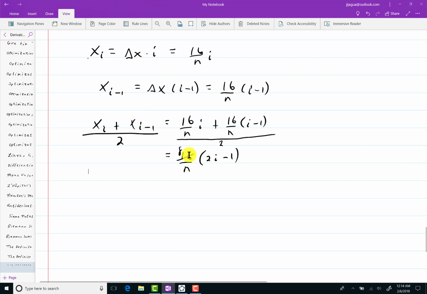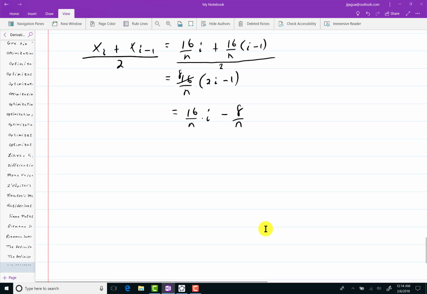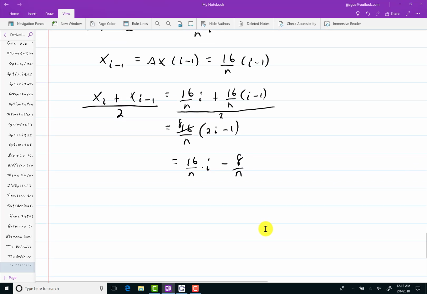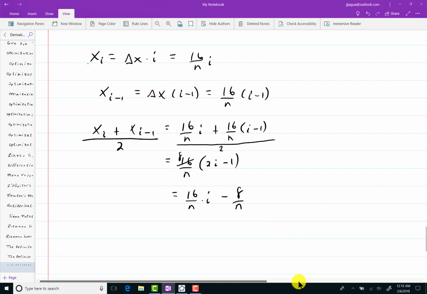So let me go ahead and multiply this through. This is 16 over n i minus 8 over n. So that's just the x values that we're going to plug in.